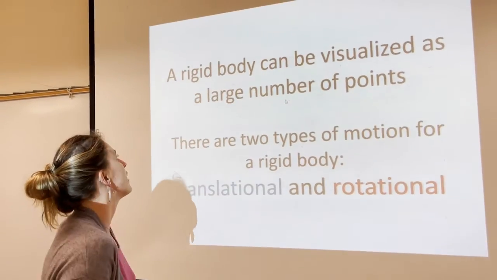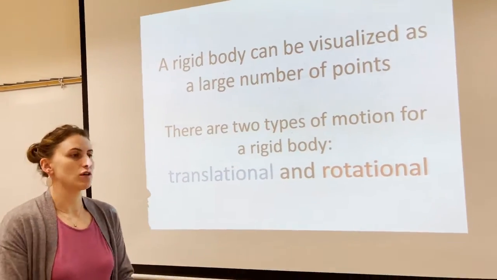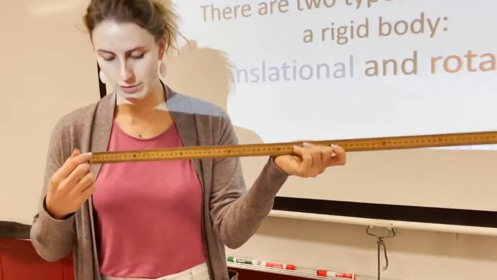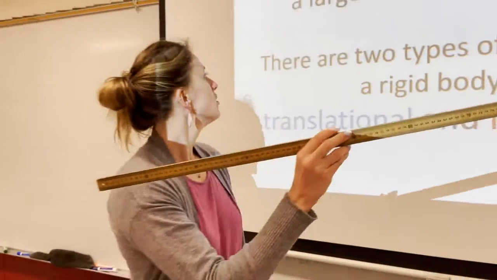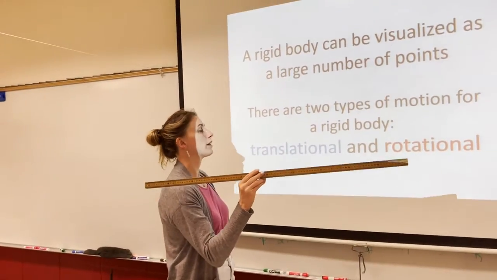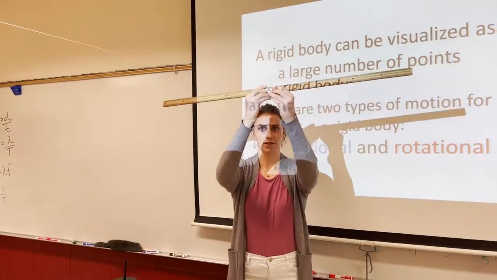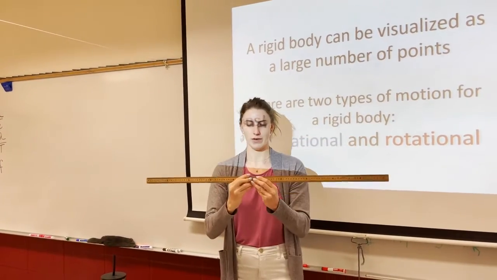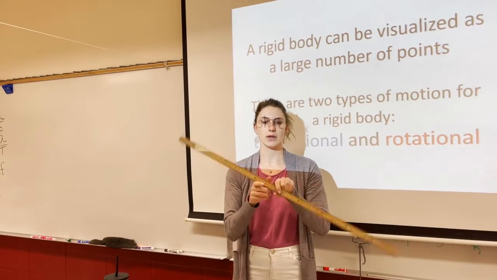Okay, a rigid body can be visualized as a large number of points. So on this ruler, there's a point here, here. There are two types of motion for a rigid body, such as this. We have translational, which is if I move it. And we've got rotational. So when I'm spinning it, visualize what's happening to those points as I move them.